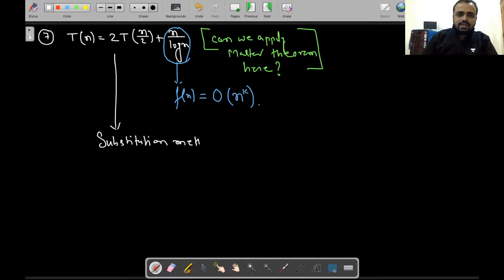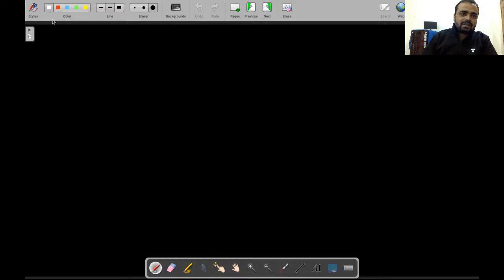My dear friends, this kind of question has already been asked in your GATE exam, or they could ask it. So let's see how to solve this kind of problem using the substitution method. See over here, the problem is given as T of n is equal to 2T of n by 2 plus n by log of n. Now substitute this the first time.